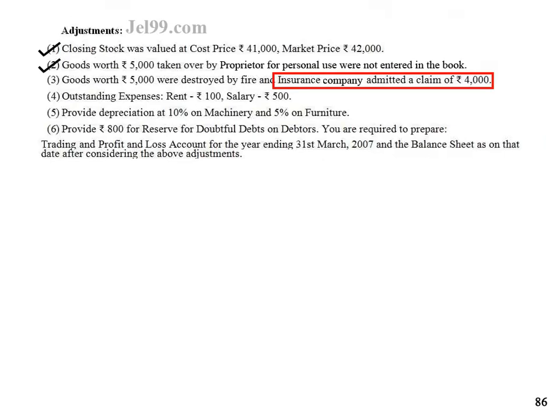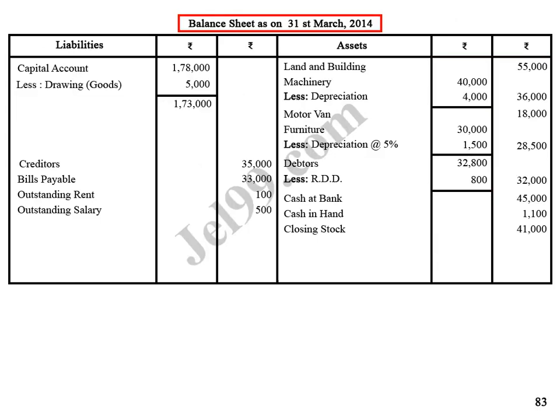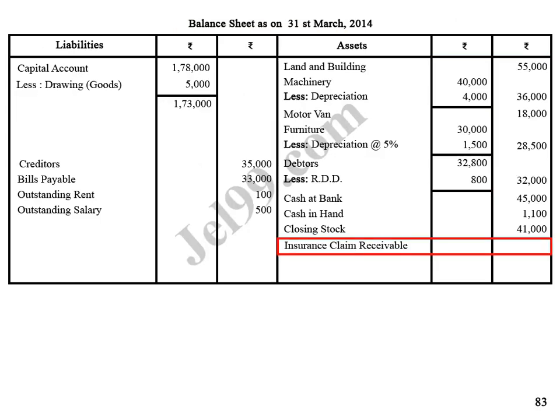And the insurance company admitted a claim of ₹4,000, so its effect is shown in balance sheet, assets side, insurance claim receivable ₹4,000, because it is receivable cash from the insurance company as insurance claim, hence it is an asset of the company.